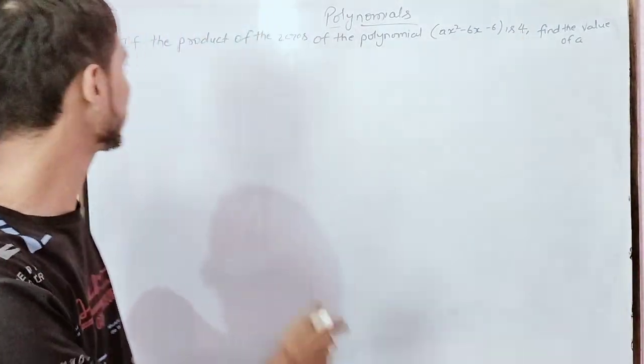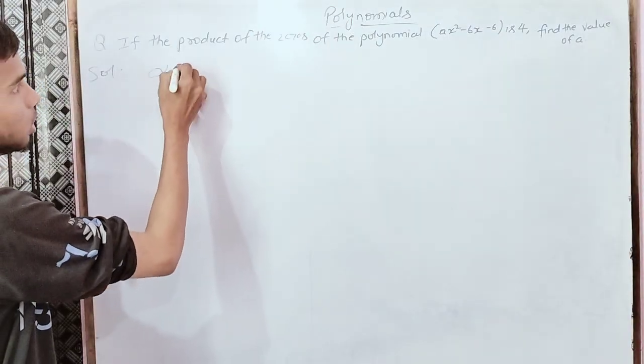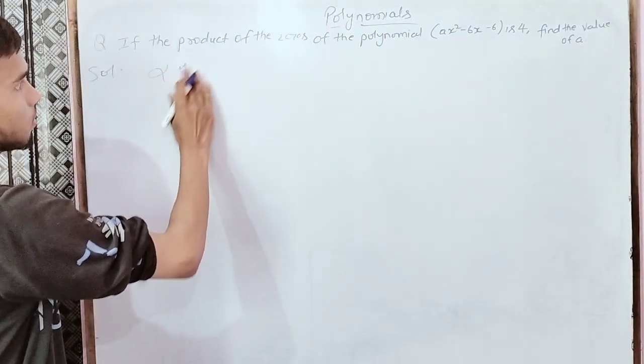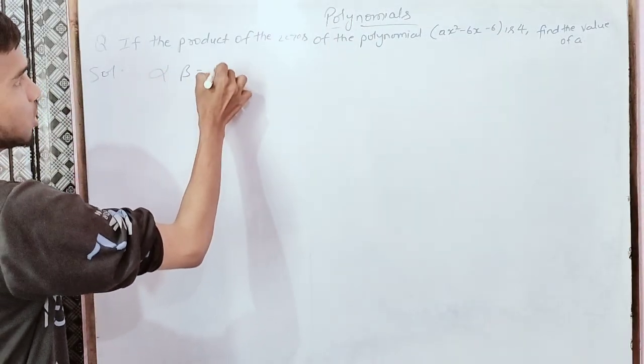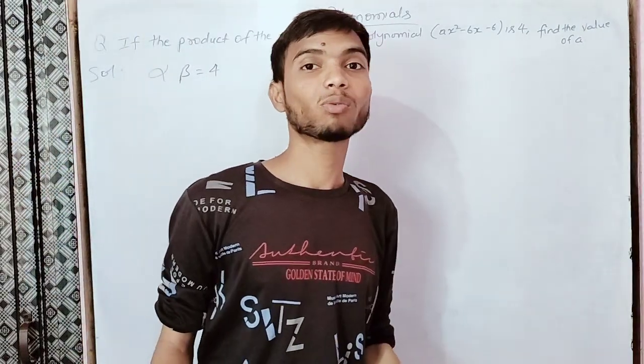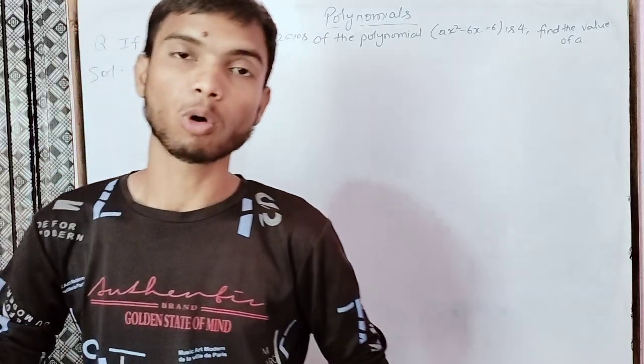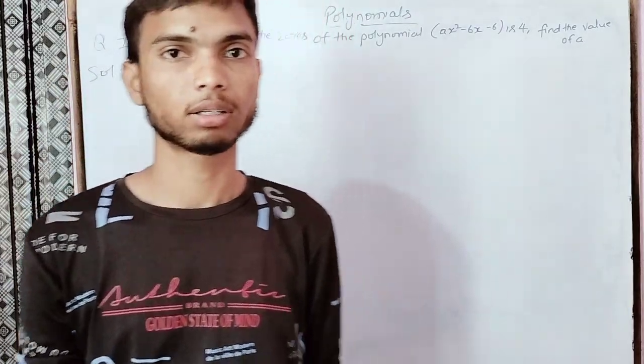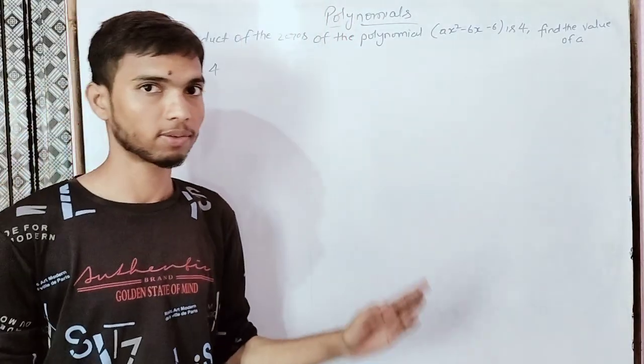Product. So can we say alpha into beta is how much? 4. Of course 4. We don't have the sum of the zeros given. So whatever is given, we have written.